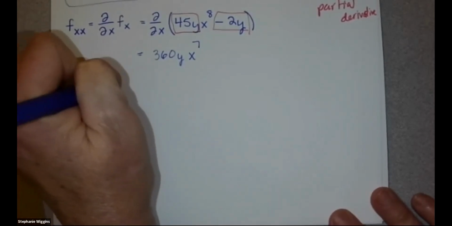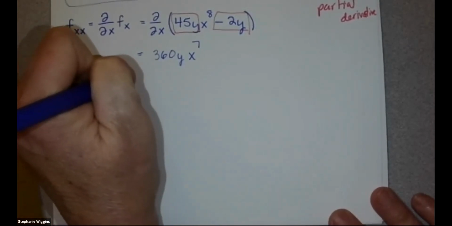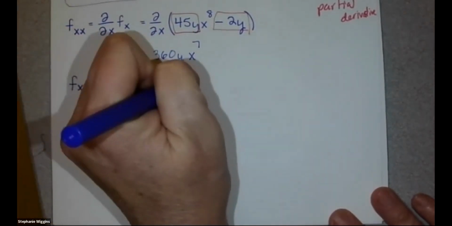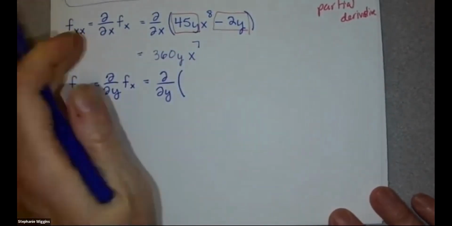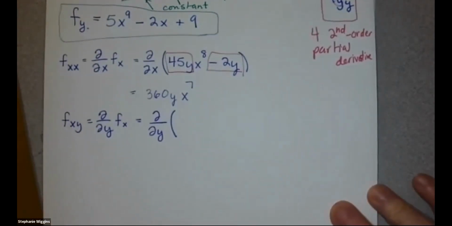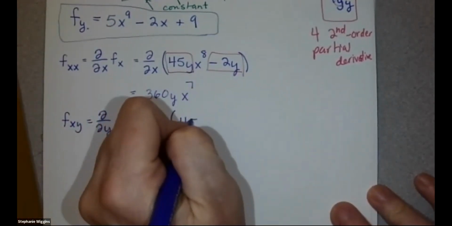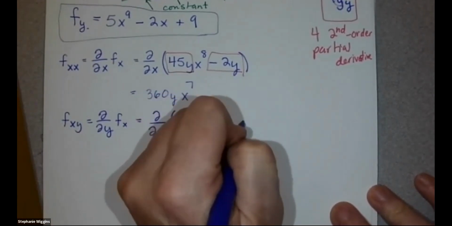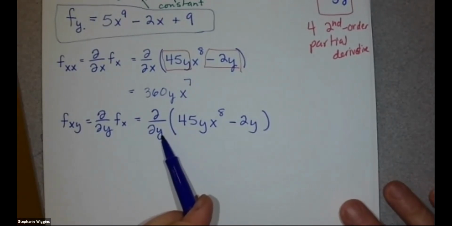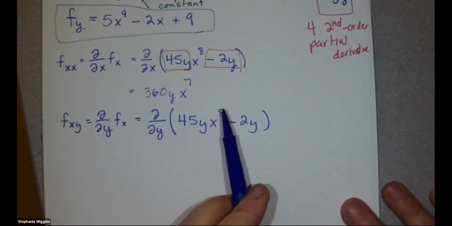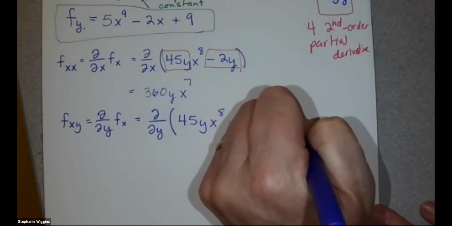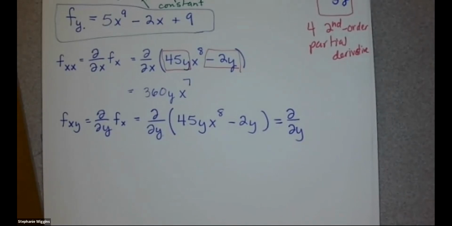Okay, now the next one, we're taking the derivative with respect to y of fx. Well, what is fx? We found that up here to be the 45yx to the 8th minus 2y. So it's the same thing here. But see, now we're differentiating with respect to y. So the x to the 8th is a constant. So I'm just going to rewrite it in a different order so that I can group the constants together so I don't get confused.